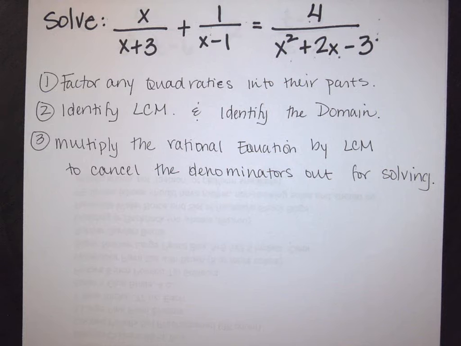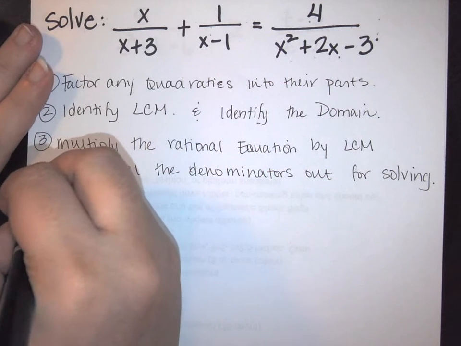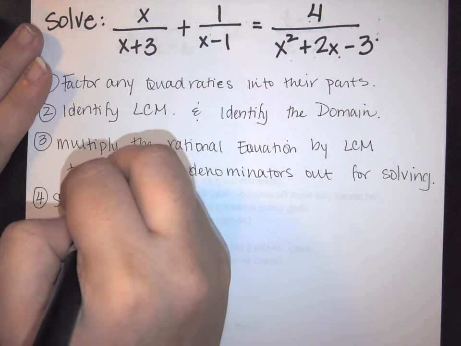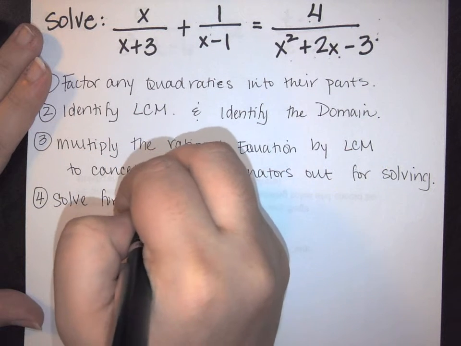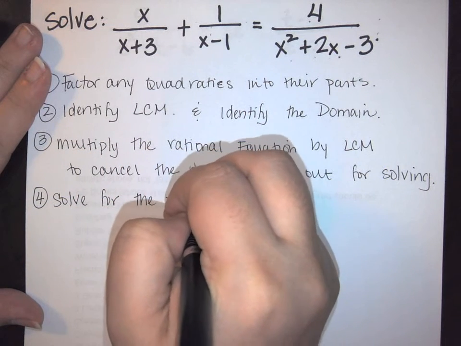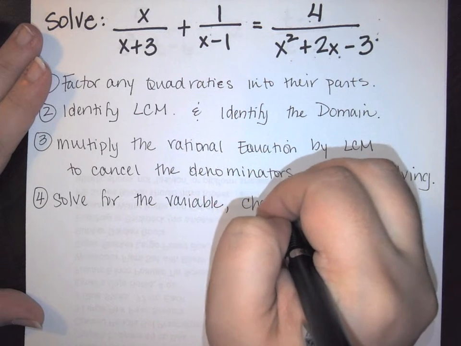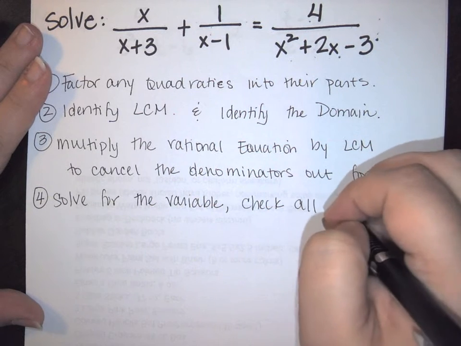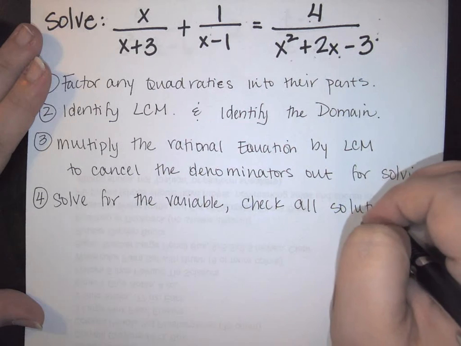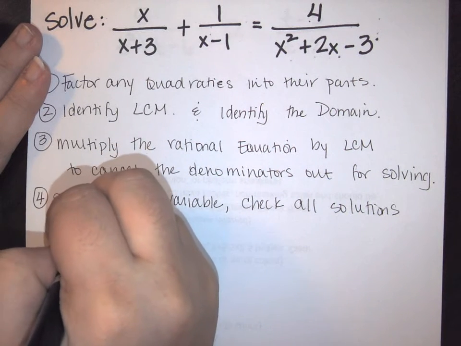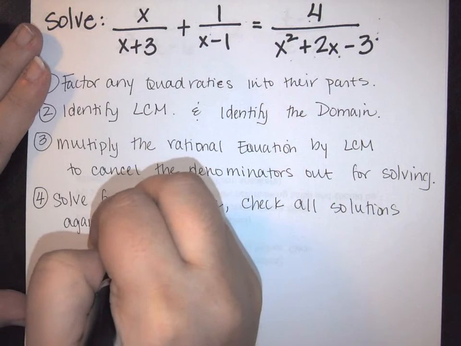Essentially, after you do that, your fourth step is to solve for the variable and then check all solutions against the domain.